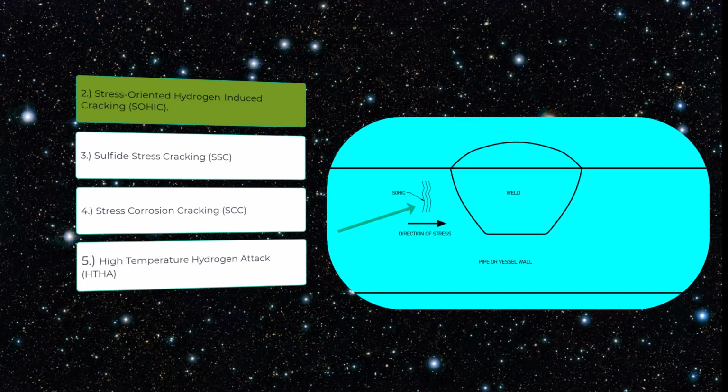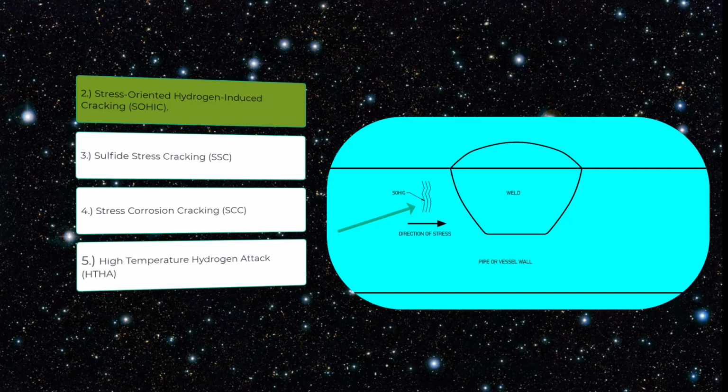Further, they do not produce blisters, so there is no real warning that anything is going on at the weld. And since there are no blisters, and SOHIC is a very quick, very dangerous type of hydrogen embrittlement, the result could be a very quick, catastrophic, and unexpected failure.